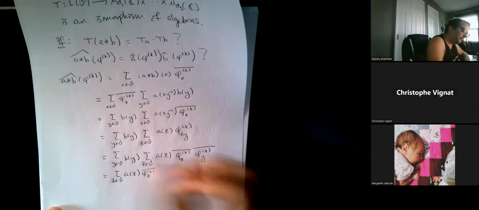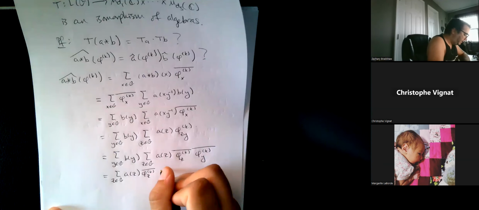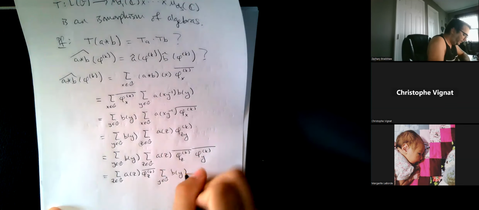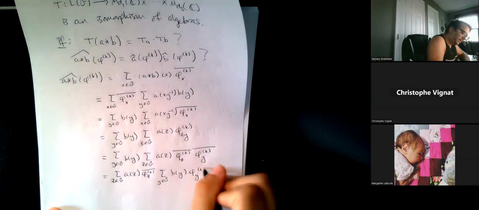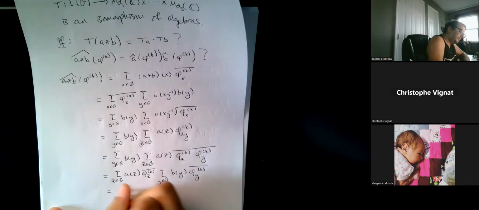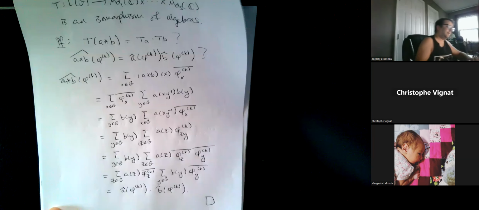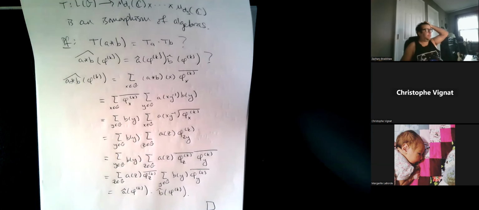You could just pull this phi y k over here. And there's a sum over y in G of B of y, phi y k complex conjugate. And this is the Fourier transform of A at phi k times the Fourier transform of B at phi k. And so that proves the convolution theorem, and therefore shows that this Fourier transform is an algebra isomorphism between the group algebra and this product of matrices.